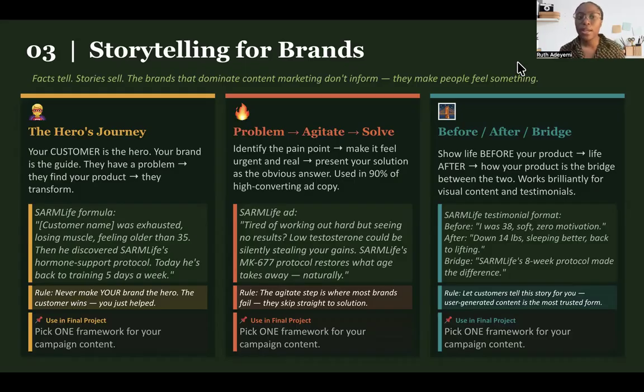For you guys, you're the customer in the Sam Life Digital School journey. Our solution, the product here, is the Sam Life Digital Skills training. And by the time you're done with our program, you're transformed. But we have to be able to tell the story in a way that is not just presenting facts, but actually telling a story. The formula you can see on the screen is, for example, Ruth was exhausted. She was losing muscle working for a healthcare company.